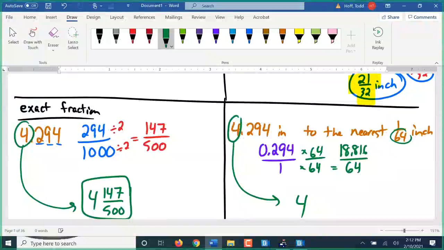Now, once again, this is between two numbers. 18.8 is between 18 and 19 64ths. And we have to pick which one it's closest to. Well, it's 18.8, which means it's closer to the larger one, the 19 64ths. This is 4 and 19 64ths.